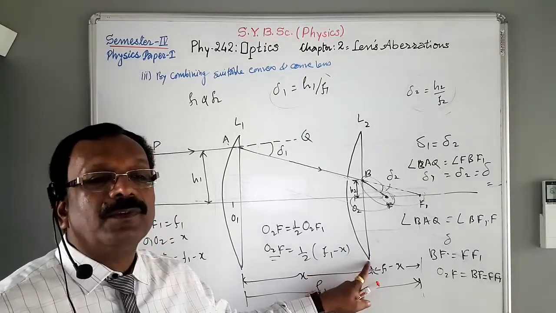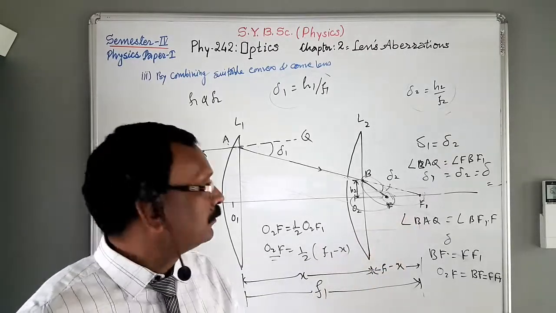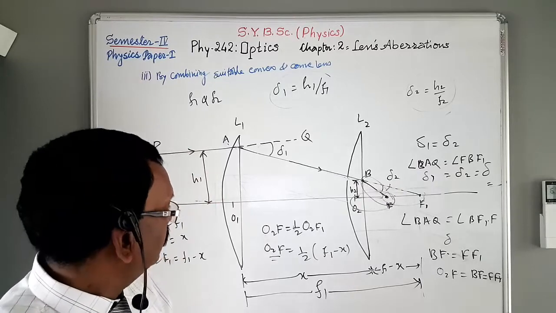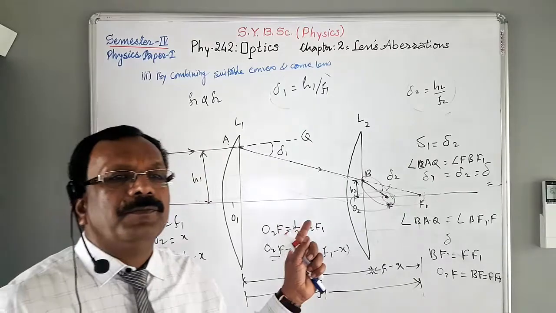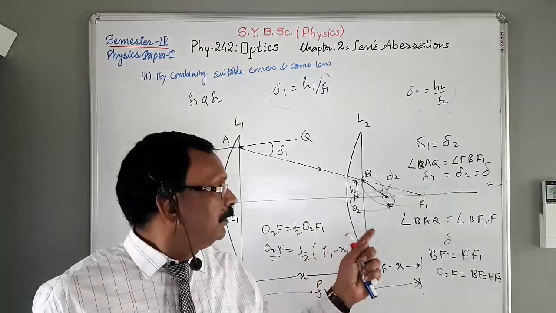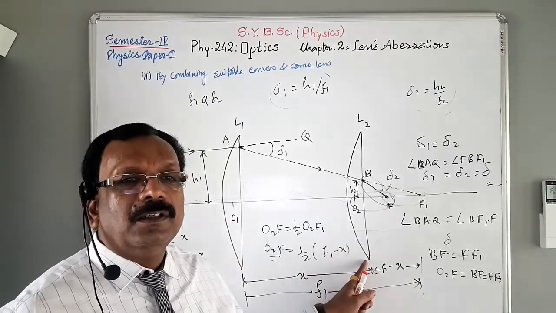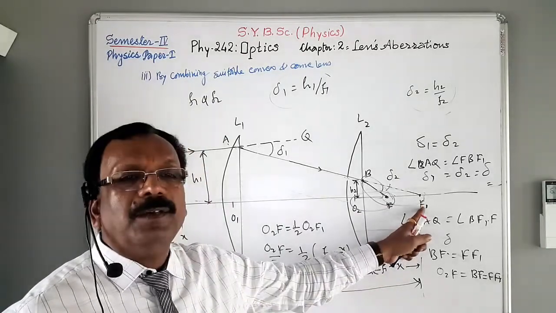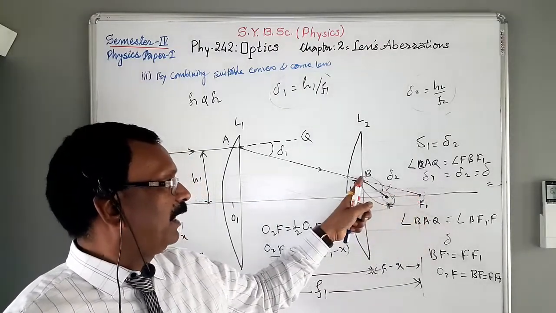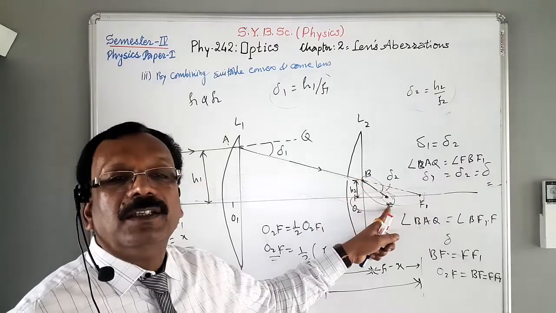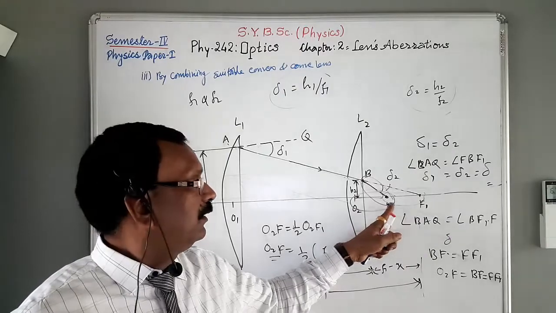For L2, this point F1 is treated as a virtual object, and hence the ray may emerge from this point, and F serves as the real image.